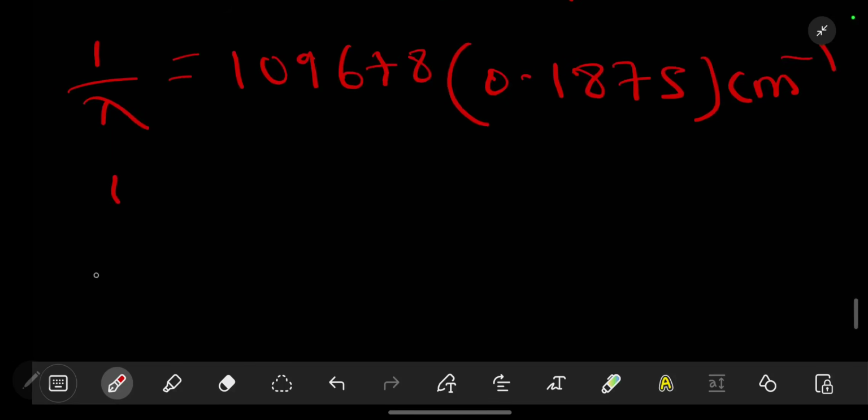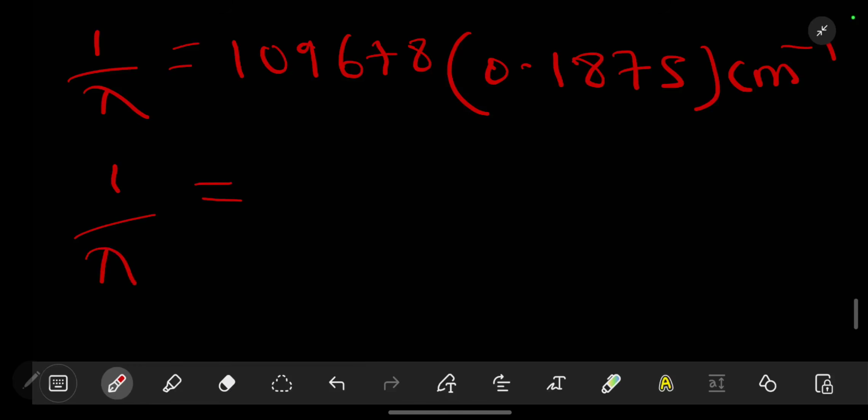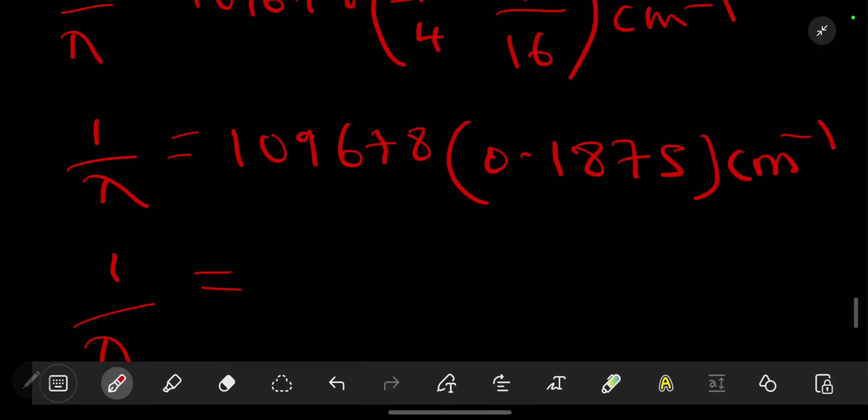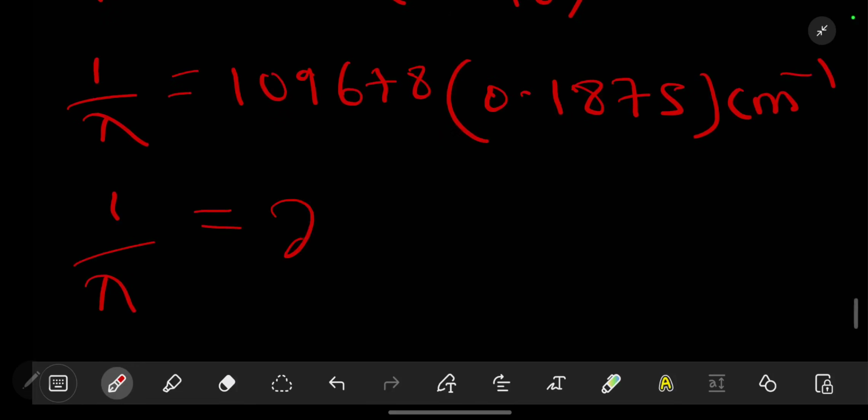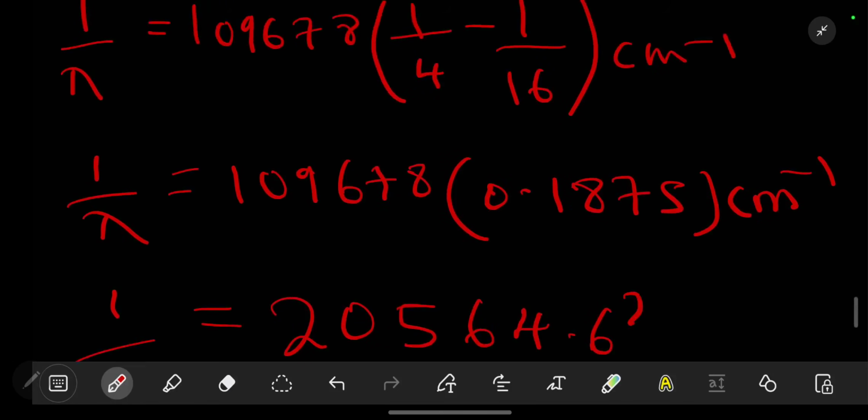So 1 over this should be equal to... when we multiply by 1.09678, we are going to get something that is equivalent to 2564.625.